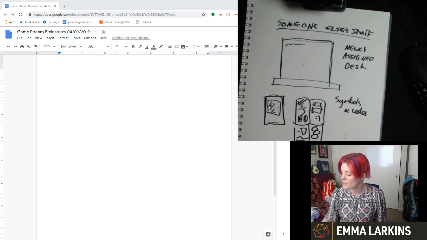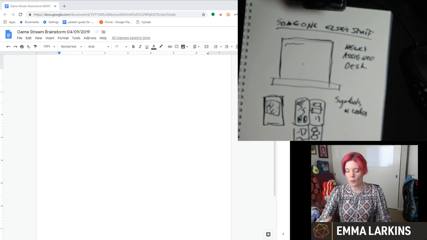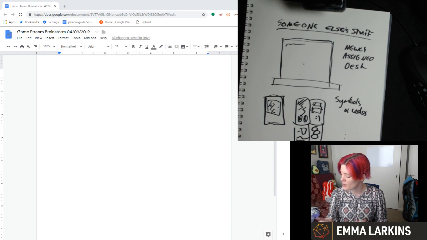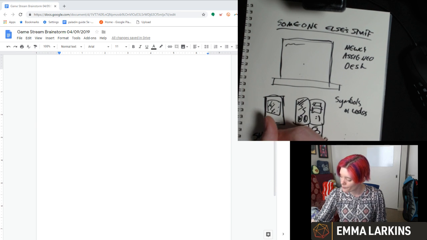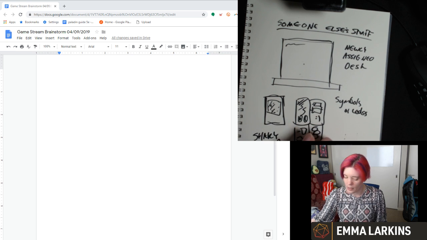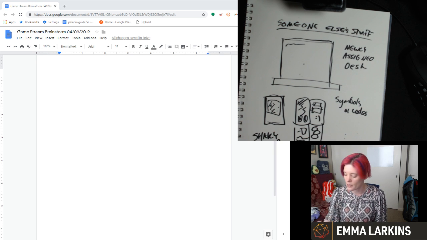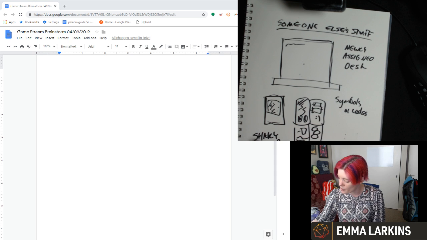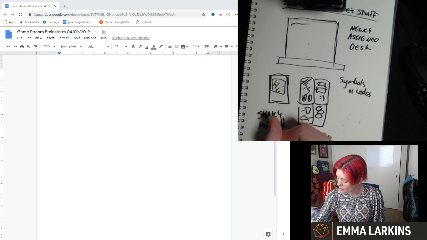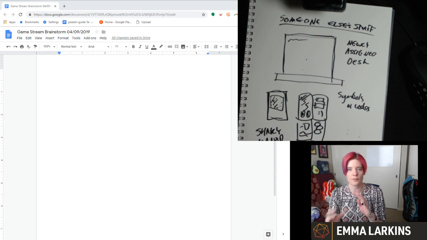Want to get real crazy though, what if we have an actual box? This makes me think of Shaky Manor, which I was just discussing with, I think it was Corey online a couple of days ago. Shaky Manor has this tray with the different rooms in it, and it's got snake bits and ghost bits, lots of really cool stuff. I'll draw a ghost bit here. I'm a ghost, woo! But it's got cool different shaped meeples.